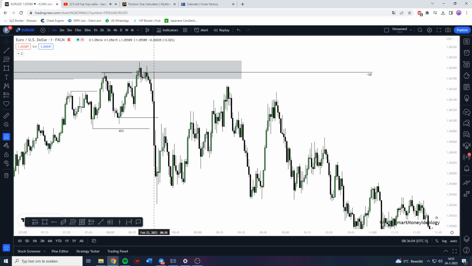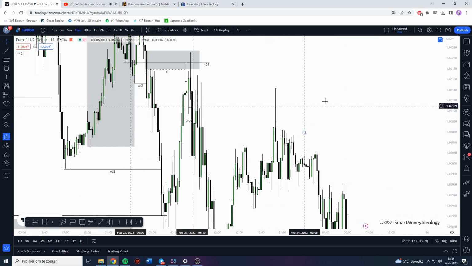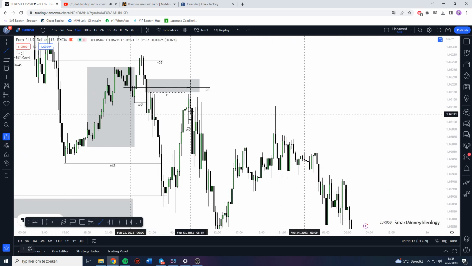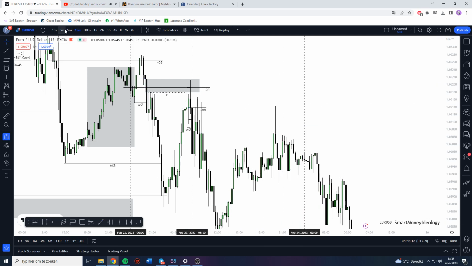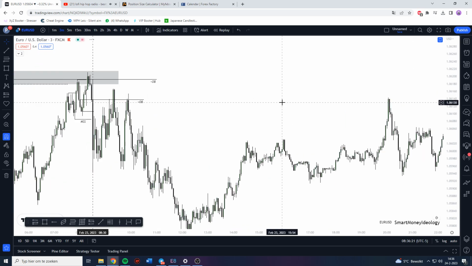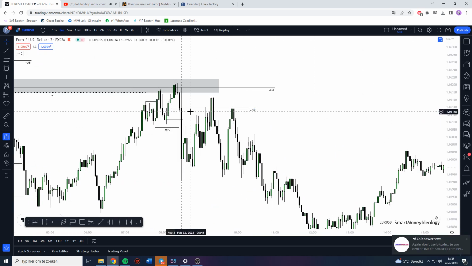So I was also watching the 50-minute time frame, and I saw, let's go on the 50-minute, and then I saw this order block, right? This is an order block. So I kept in mind, okay, we could actually trace into this order block, but what do we also have here?